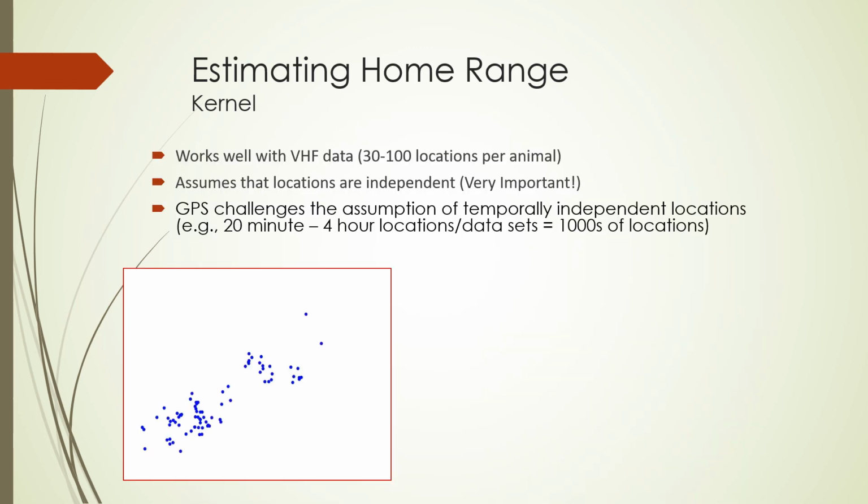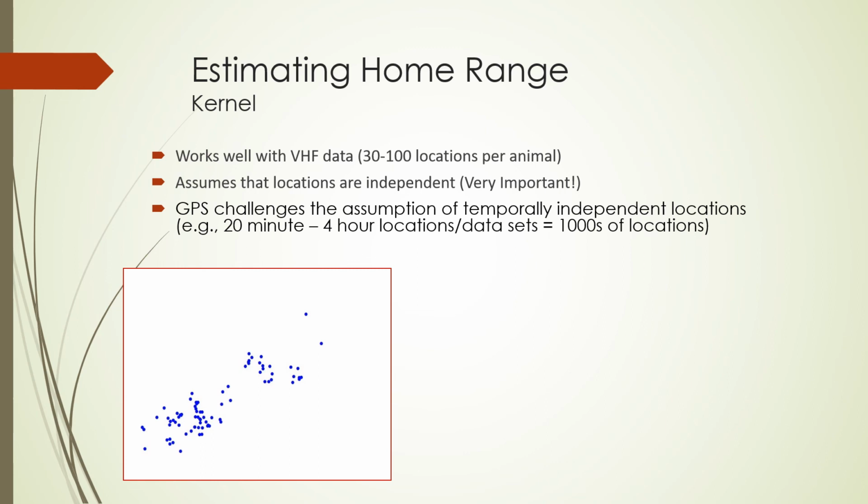The kernel estimator works well for the typical kind of VHF data that we collect, 30 to 100 locations per animal. And again, oftentimes the study design is built around the fact that you want independent observations. So you don't go out and locate an animal twice 10 minutes apart. You locate that animal one day, move on, find your next animal, and so on, maybe through the 10 or 20 animals that you've got out there, and then you come back the next day and find that same animal again, so they could have moved a long distance between locations.